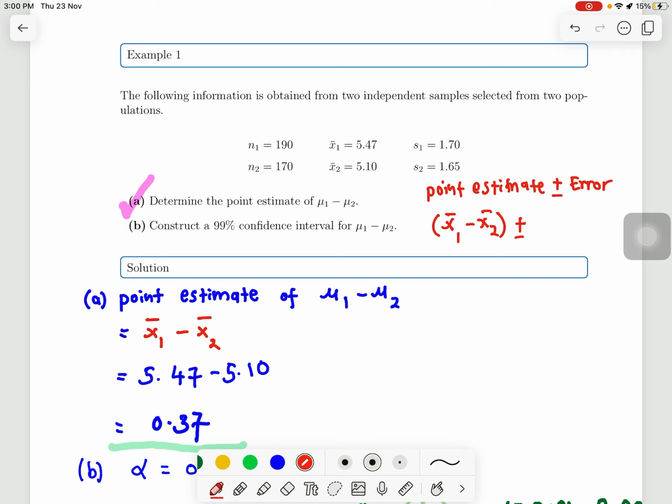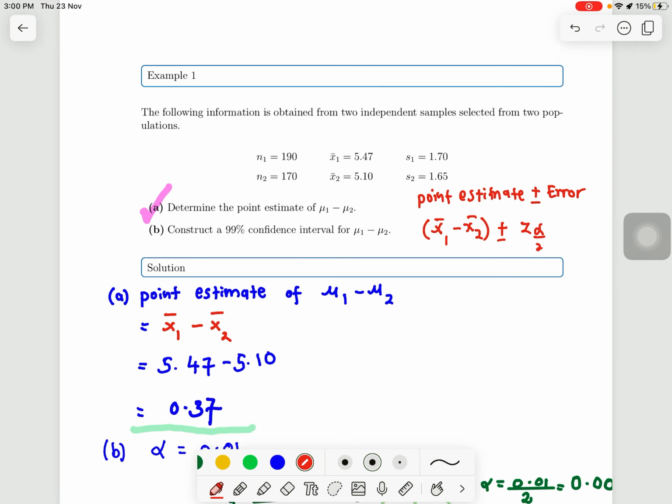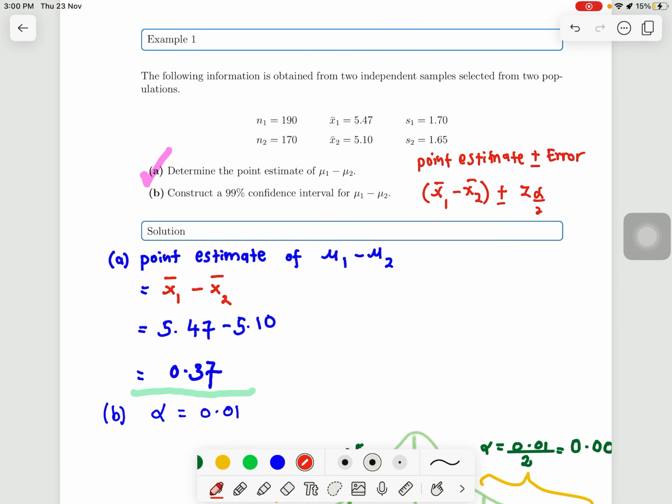So our error is z alpha over 2 and followed by the standard error.